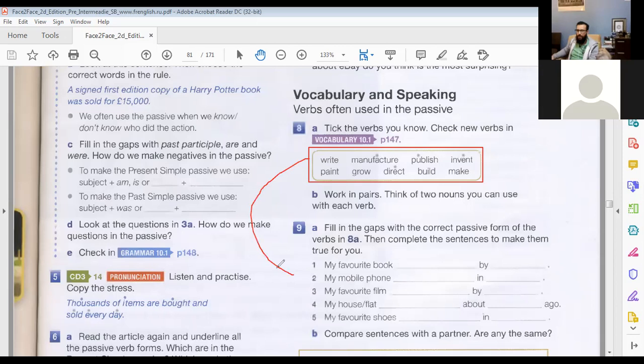So here, for example, we can say, my favorite book by... So, can we use some verbs here? Right. تمام ولما wrote. بتولي passive شو بتولي؟ wrote.